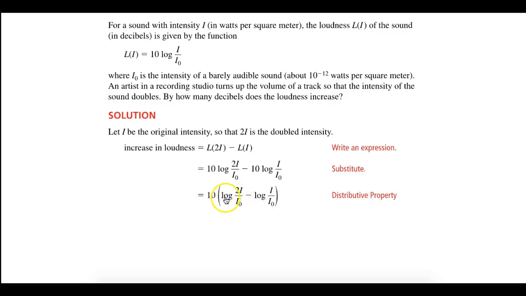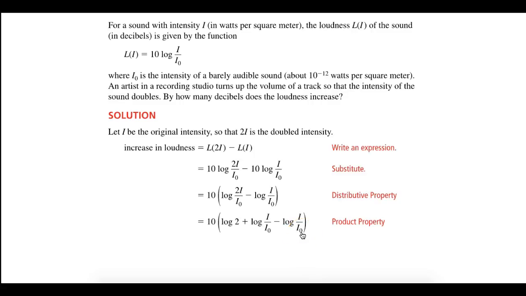We can split this up into 2 different logs. So we get 10 times the log of 2, so we took this 2 out using the property, plus log I over I initial, and then minus log I over I initial.